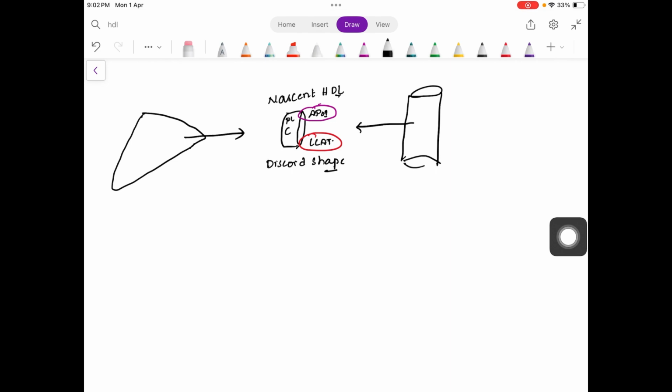Now with the action of LCAT, this free cholesterol which is present in the phospholipid bilayer will be transported to the core, and this LCAT will help in formation of cholesterol ester, and this cholesterol ester which is formed will be transported to the core of the nascent HDL, and they will form a molecule called HDL3.